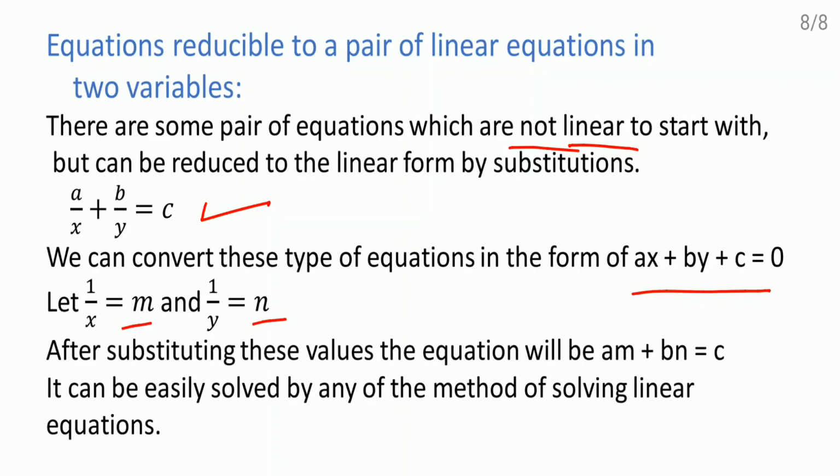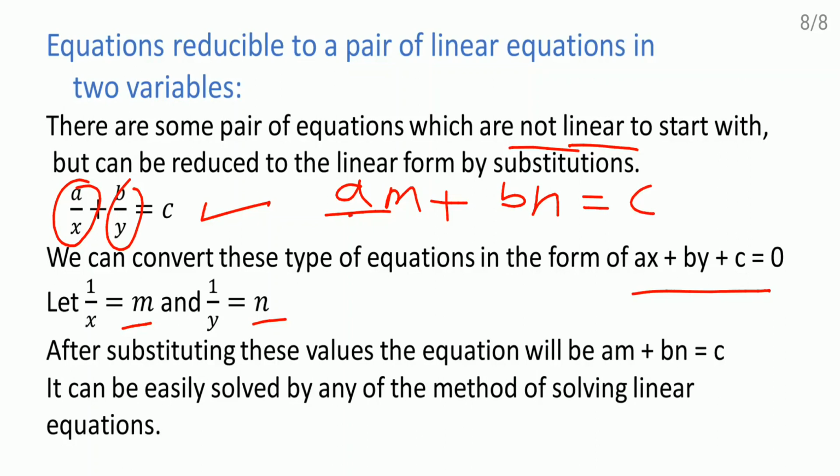See here, at this place a divided by x is there. That means 1 by x. So instead of 1 by x, we write m. Then plus b divided by y, so 1 by y means n, which is equal to c.